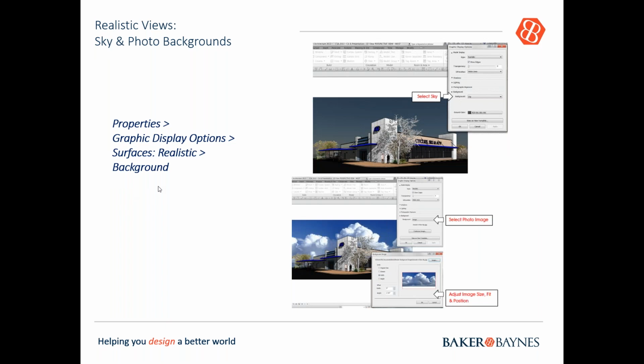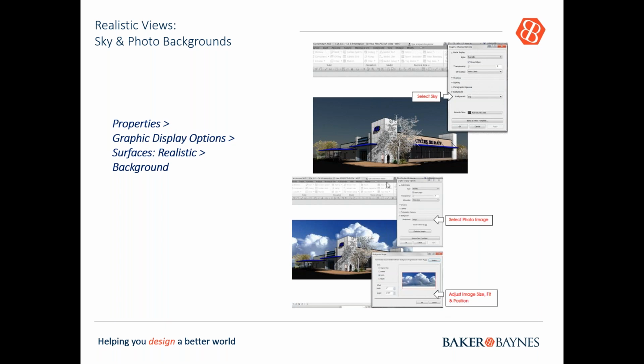In terms of the sky and photo backgrounds, Revit gives you the option to insert different backgrounds into your drawing. You can do this by going to your properties, your graphic display options, surfaces, and then choosing realistic background. And you can see here that I've chosen an image, and I've actually pasted the image at the back. So that can be done with any image that you decide you want to use.